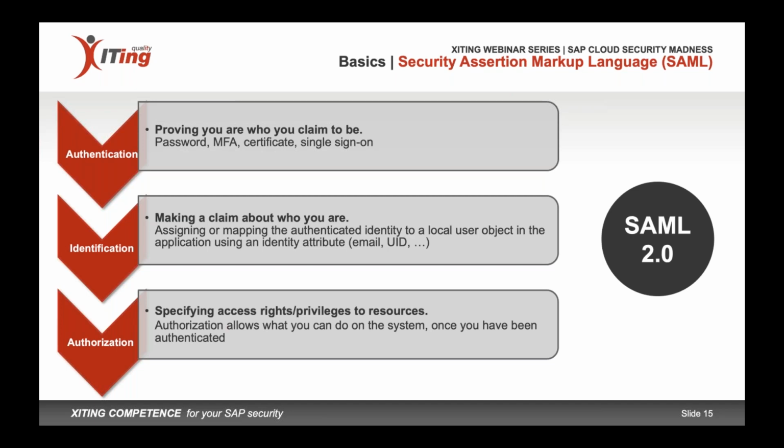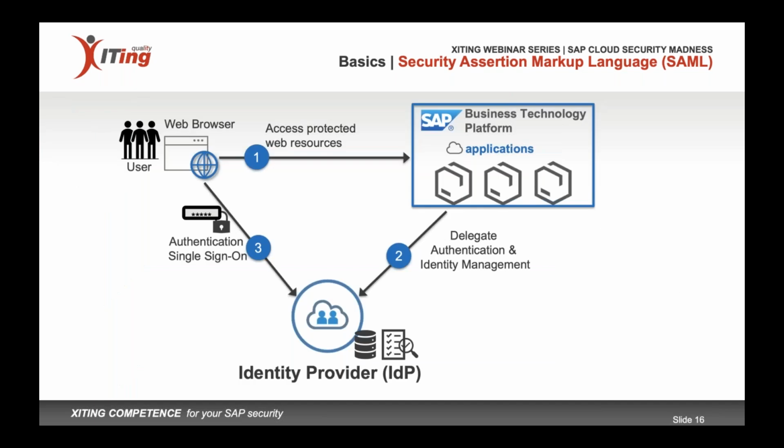So the IDP, that is later on our identity authentication service, is responsible for the authentication. We use it for user identification in the target application, and also, and that's now in addition to that, for providing the authorizations based on claims that we can provide to applications. We take a closer look to that.